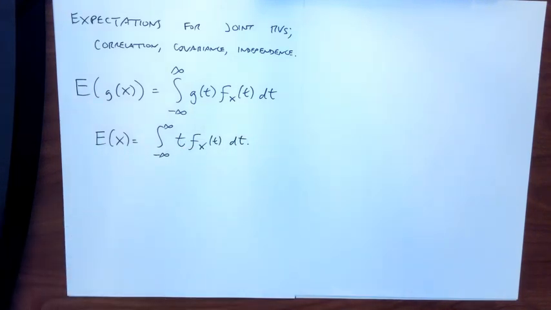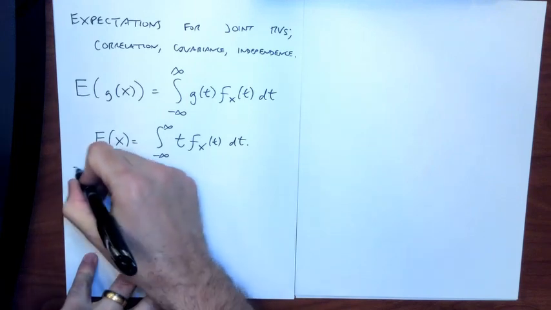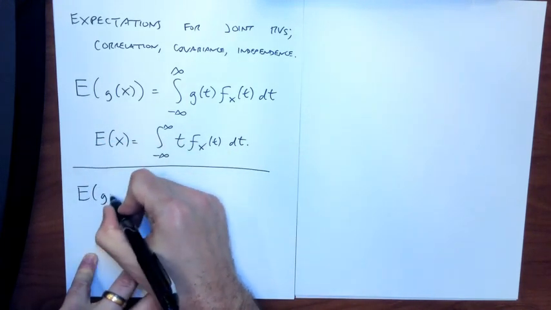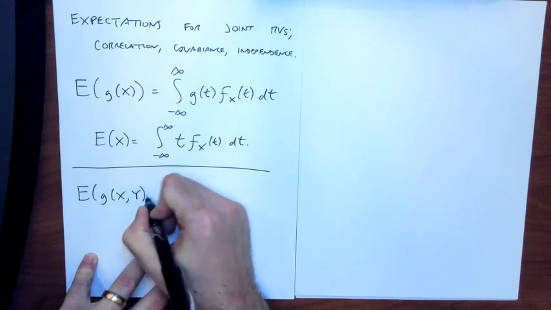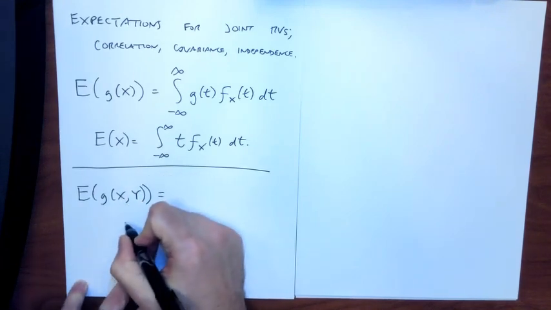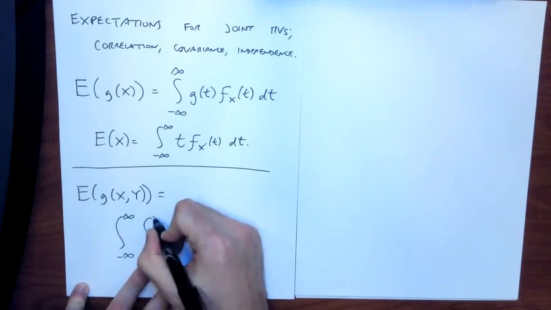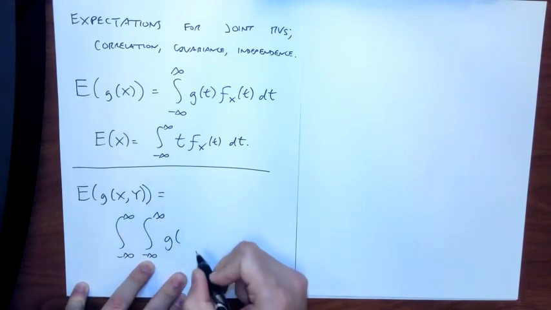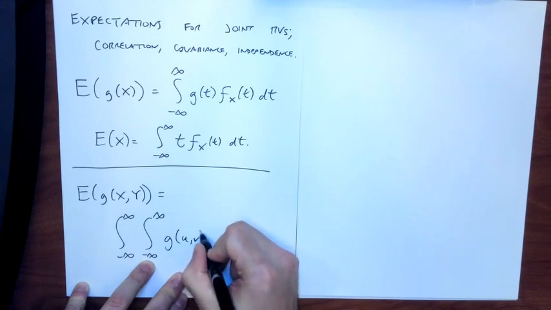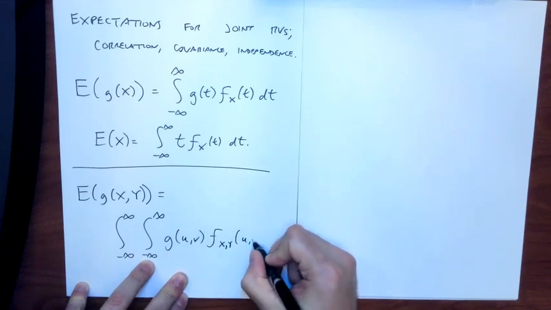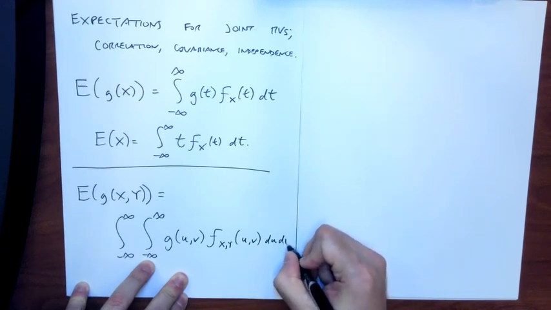Okay. So for two random variables, you know what you're going to get, right? So if I have a function of two random variables, g of both x and y, what I would do is I would integrate that function. And here I'm going to use something like u, v, du dv, right?